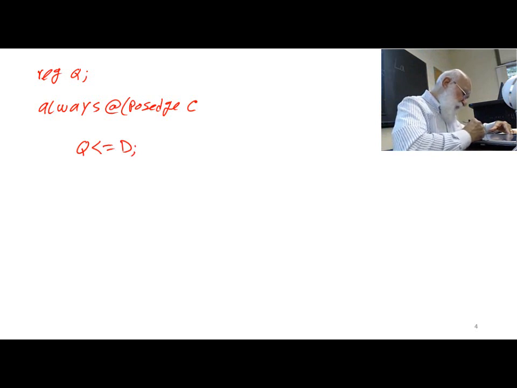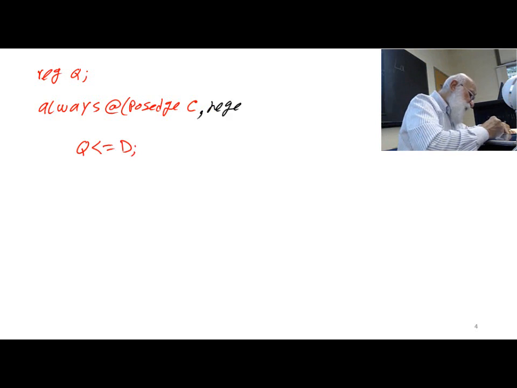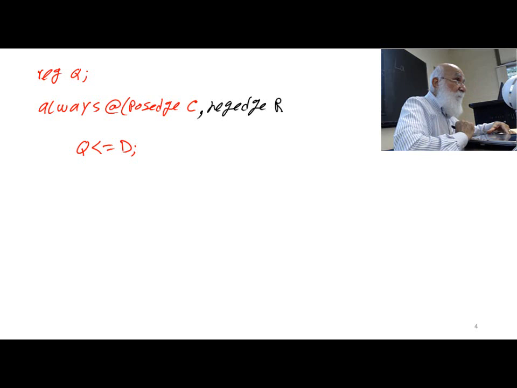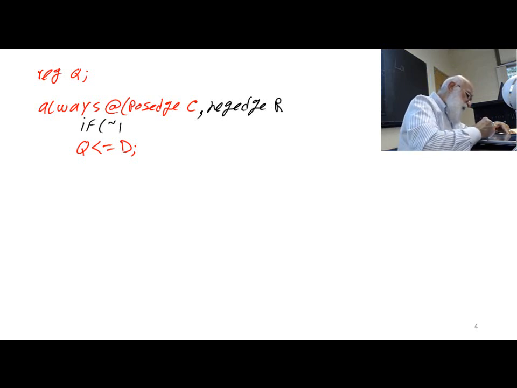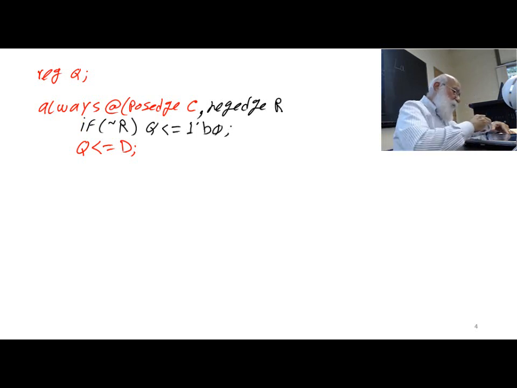But then I'm saying that in addition, negedge of reset, and then if not reset, Q gets 1'b0.